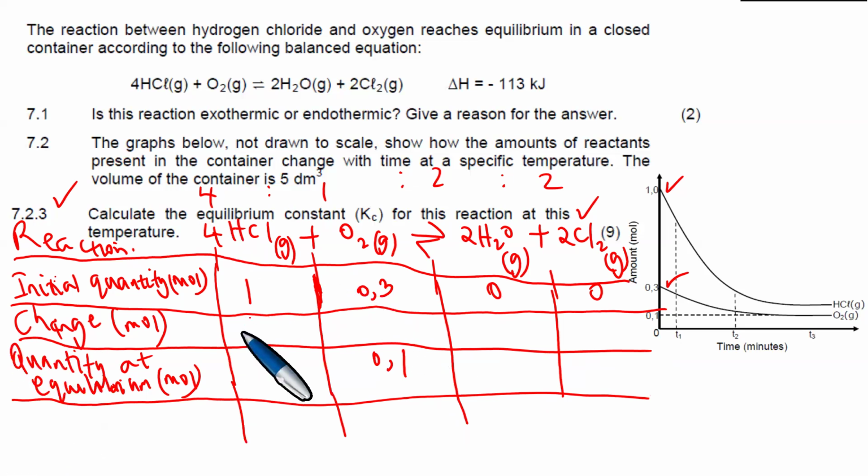So we can come here and say, because this one is what? It's the mole ratio, 4:1:2:2. We can say minus 4x, this one minus x, because it's only 1, and 2x, x, like this.